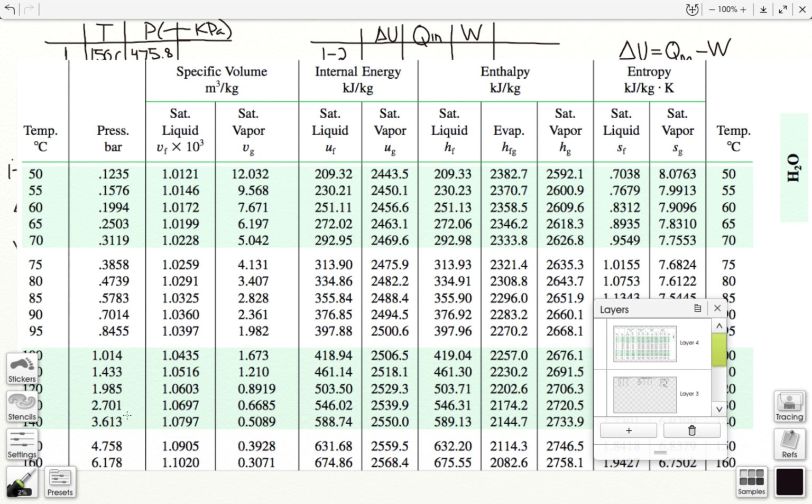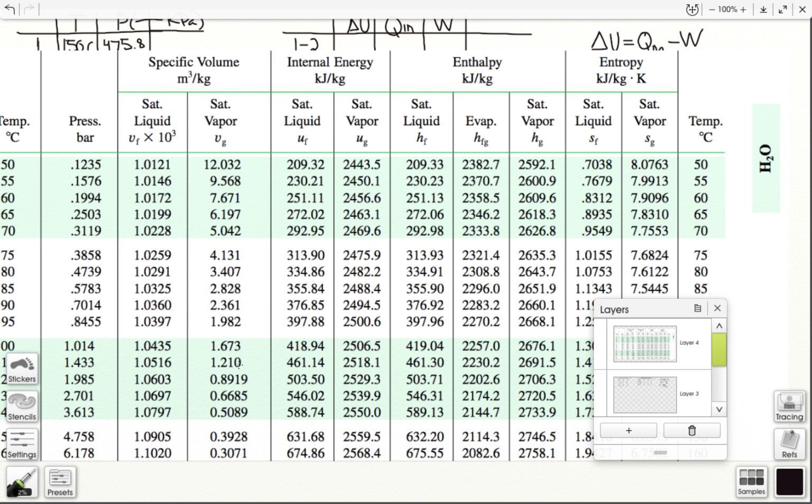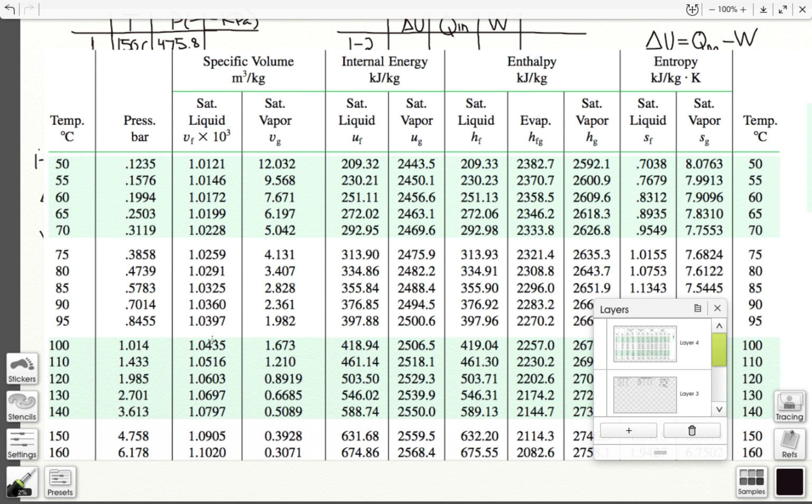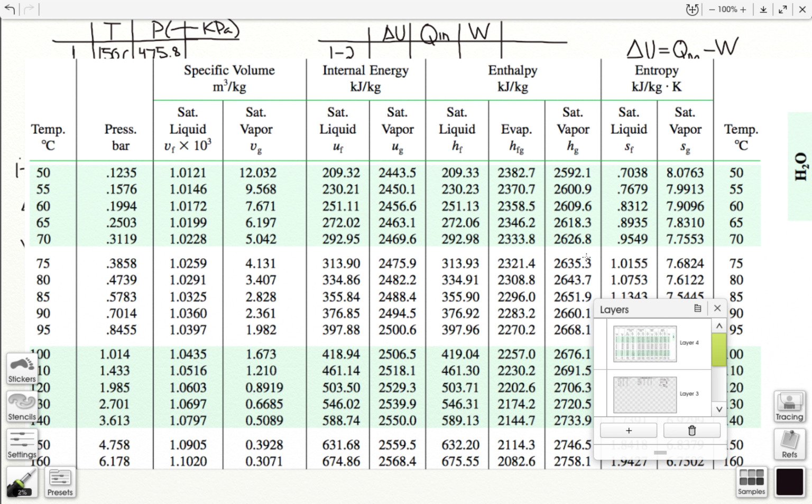So here I'm looking at the 150 column, and here we have specific volume values for a liquid at 150 degrees Celsius and for vapor. So all the values I'll be grabbing are from this row right here and in the row in the 50 degree case. And again, the link is posted underneath this video.